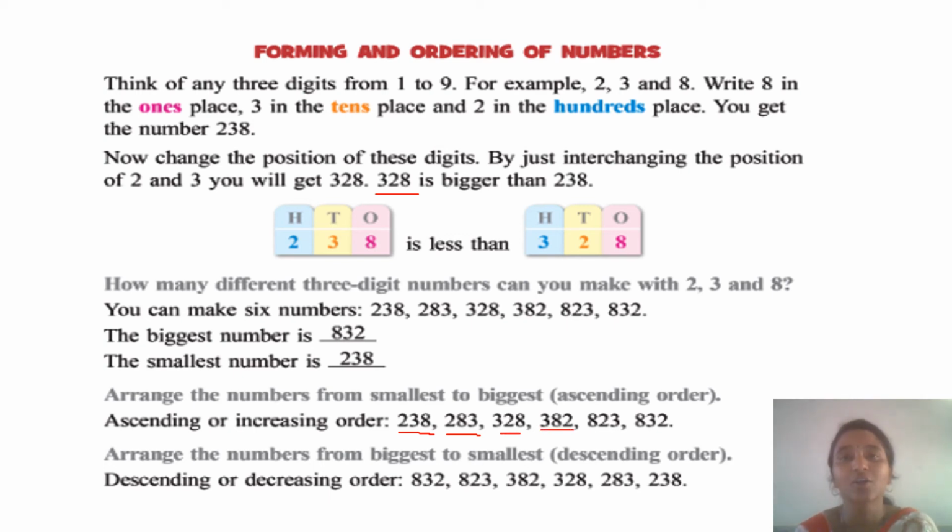Next is 823. Next is 832. Please remember, this is called ascending order. It is arranging numbers from smallest to biggest. Next, arranging the numbers from biggest to smallest is descending order.